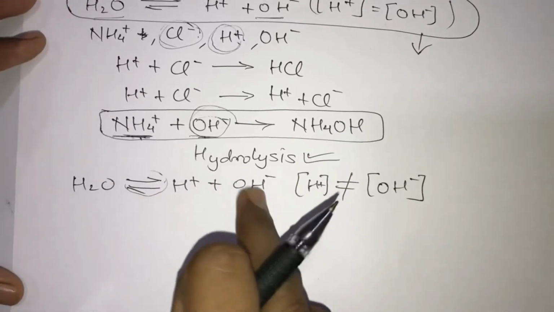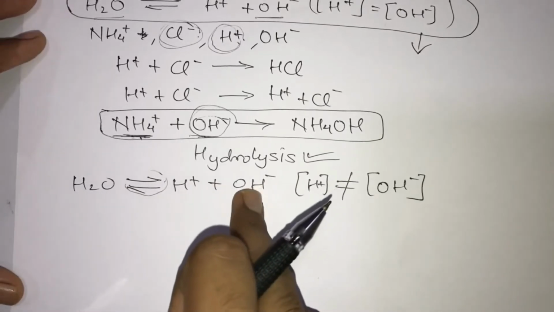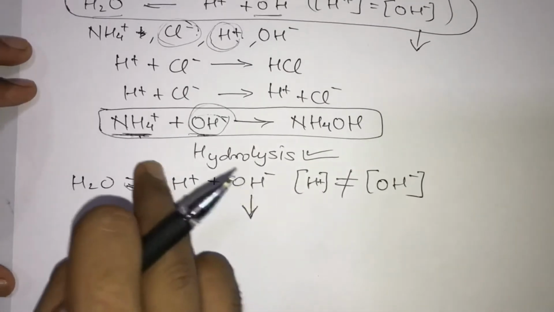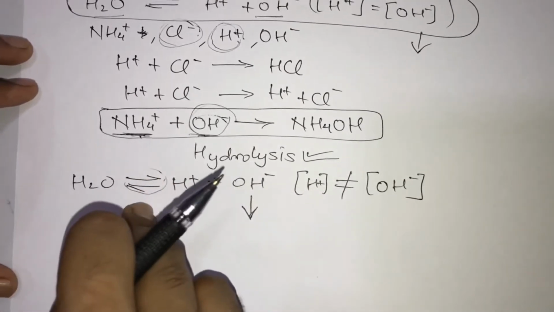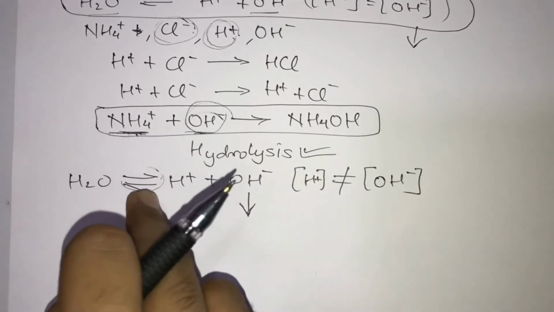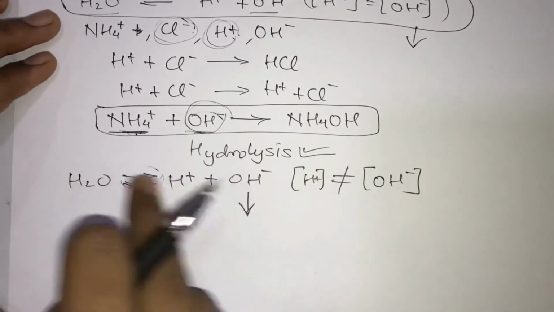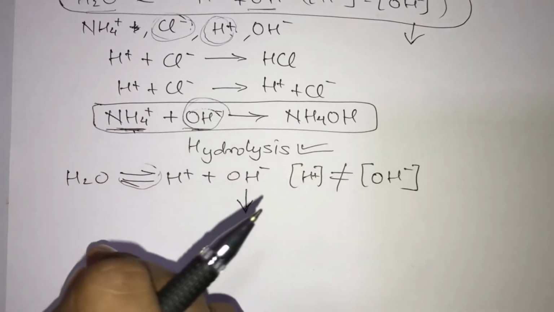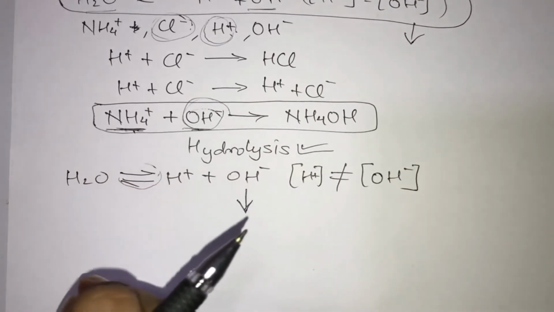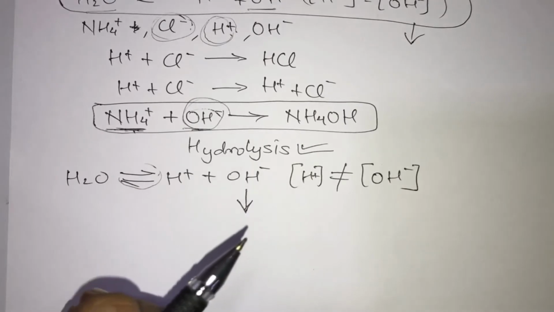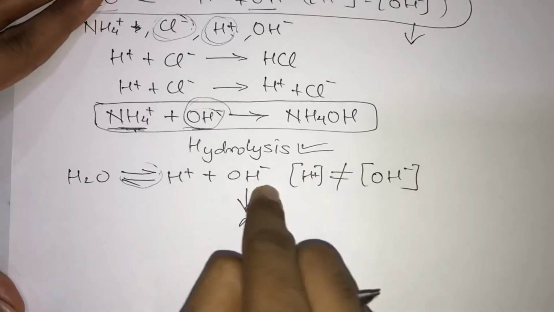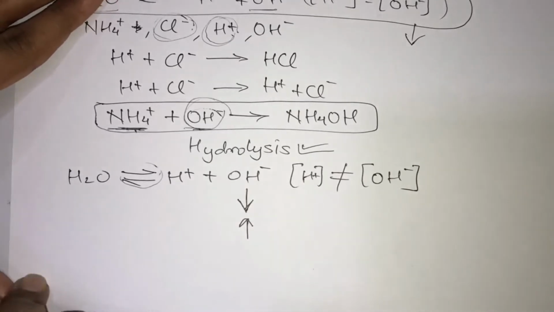Because the amount of OH- has now decreased. And if the equilibrium is disturbed, then the reaction will try to establish a new equilibrium. And to establish a new equilibrium, what will it do? It will try to increase the amount of OH-.